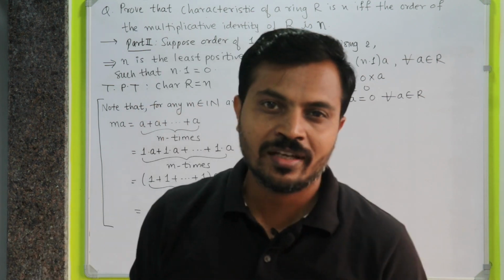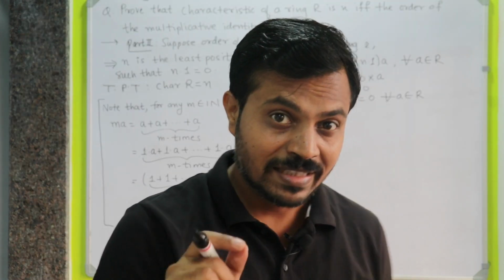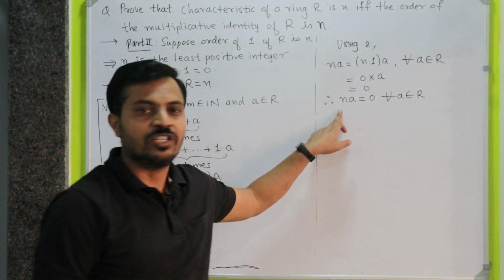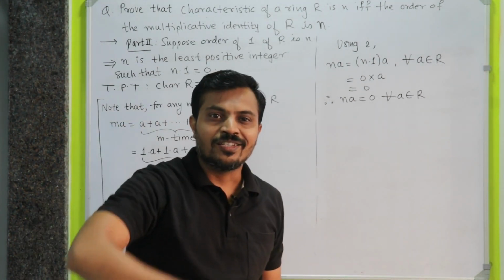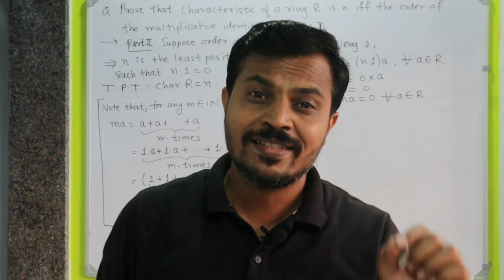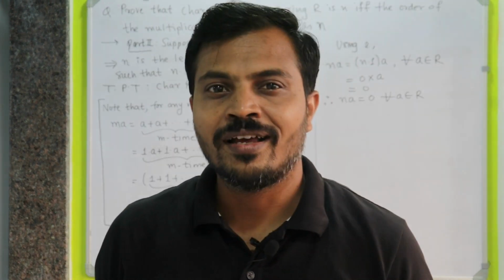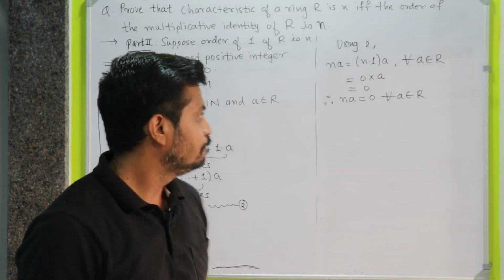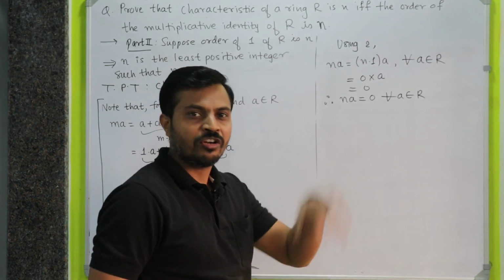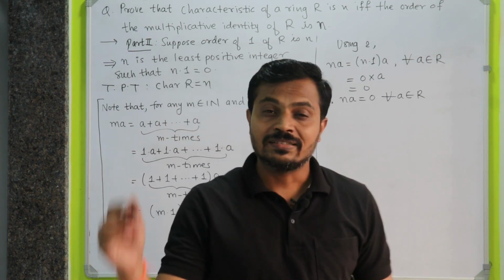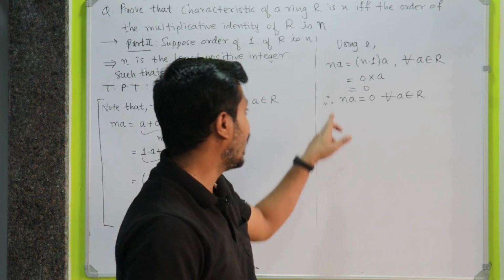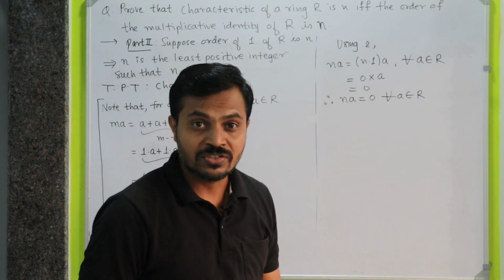But there is a catch, right? Remember, this n should be the least satisfying this condition. So again, in order to prove that this n is the least, we are going to take the help of proof by contradiction. So we'll assume that this n is not least, meaning there is some smaller positive integer than n satisfying this condition.